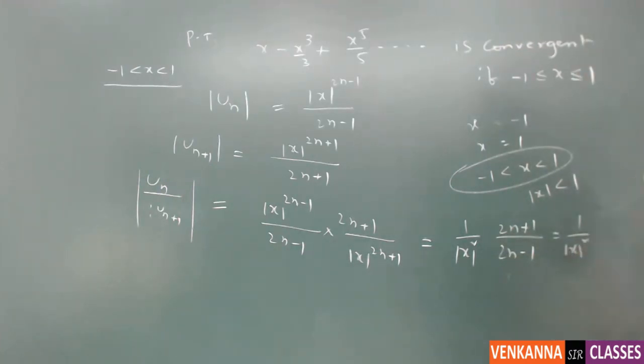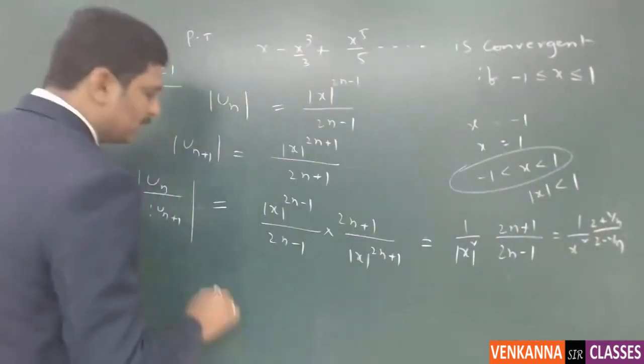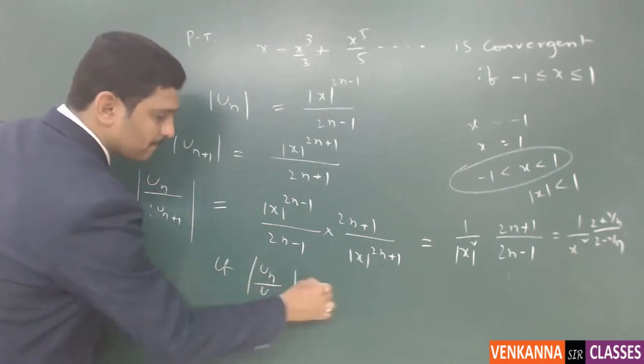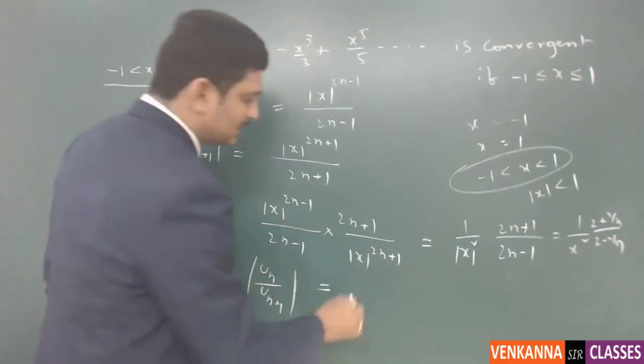Since it is x square, even if you remove modulus, it is always positive. So I remove modulus. If I apply the limit here, it will be 1 by x square.